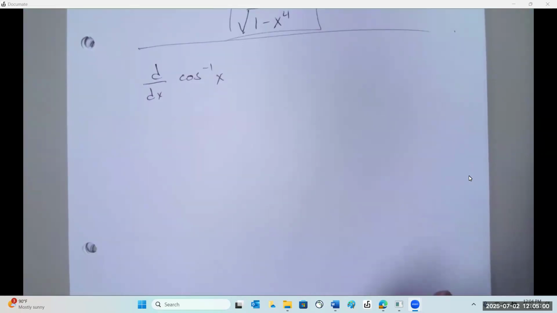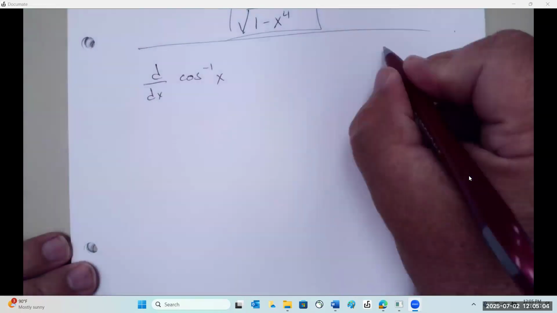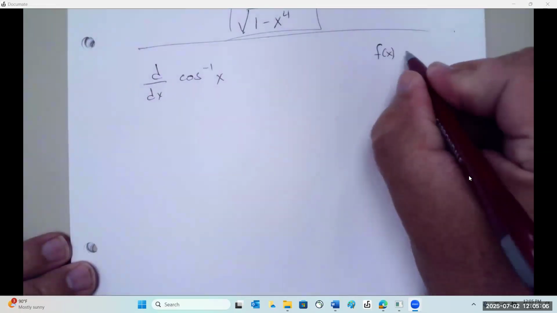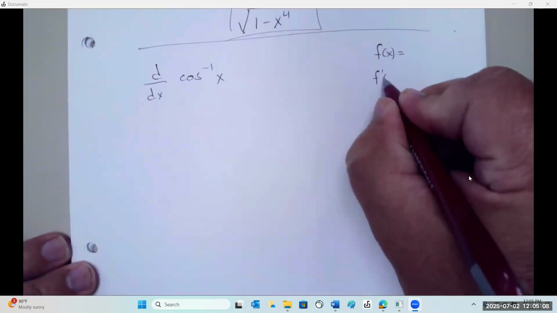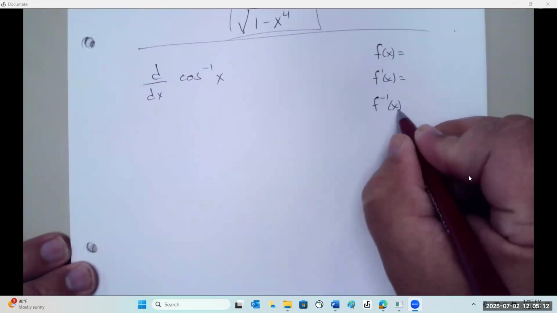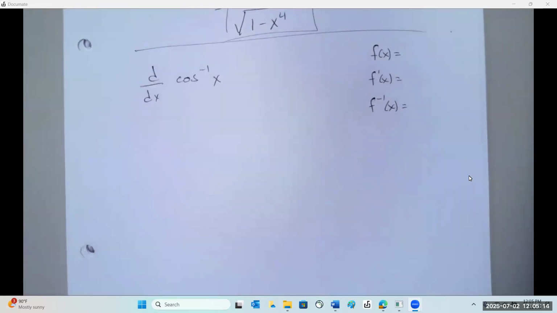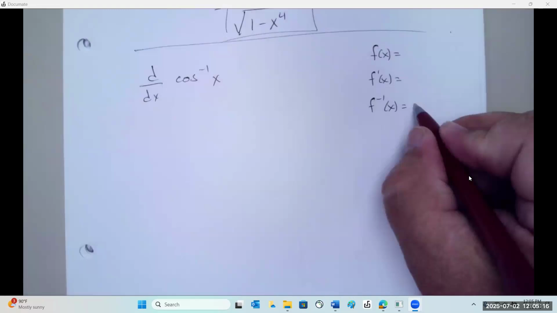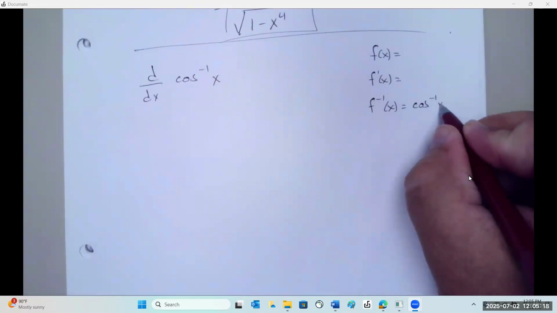So how would we set this one up? We have our f of x, we have our f prime of x, and we have our inverse of x. The inverse of x is given. That's cosine inverse of x.